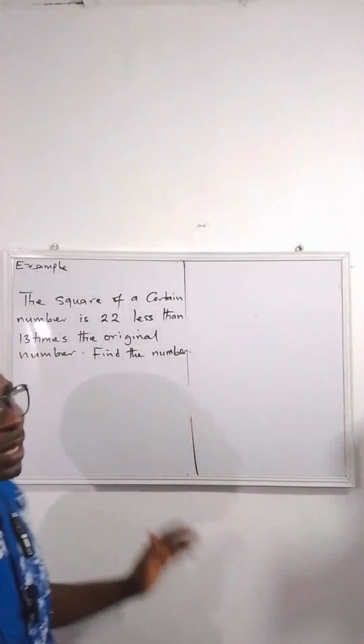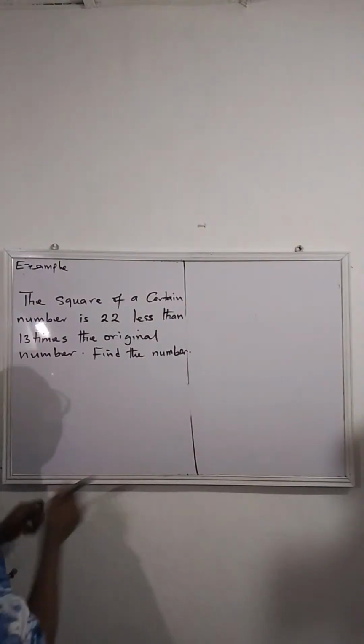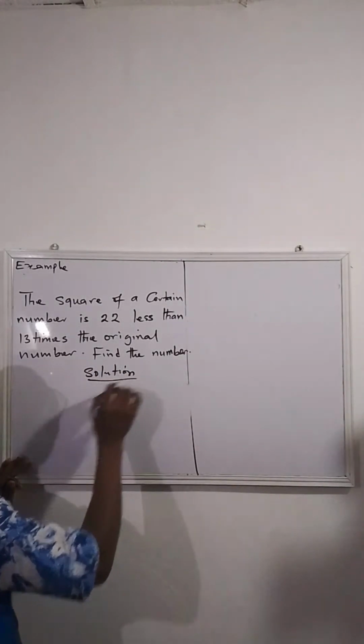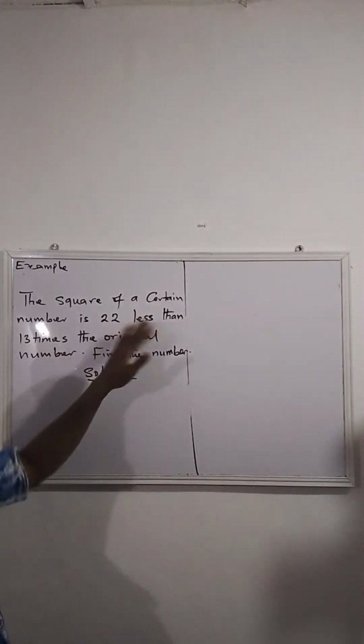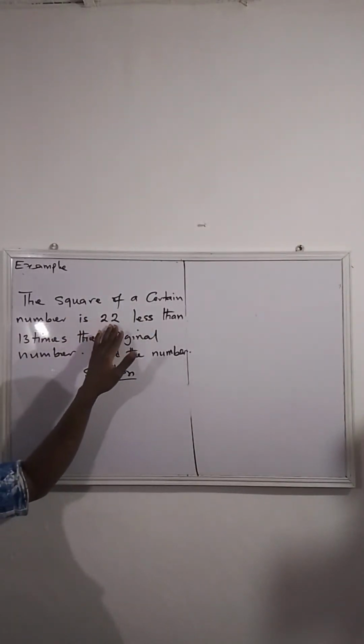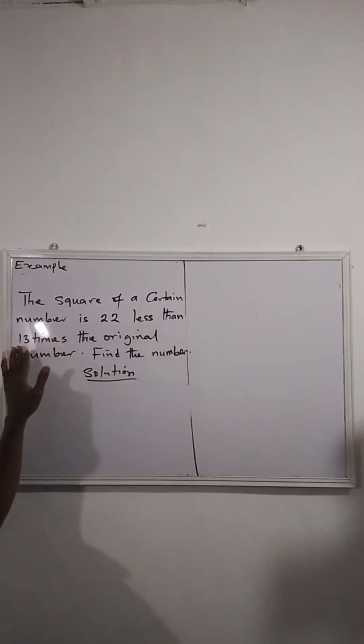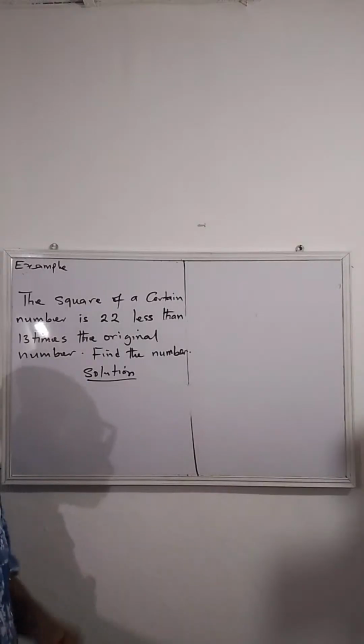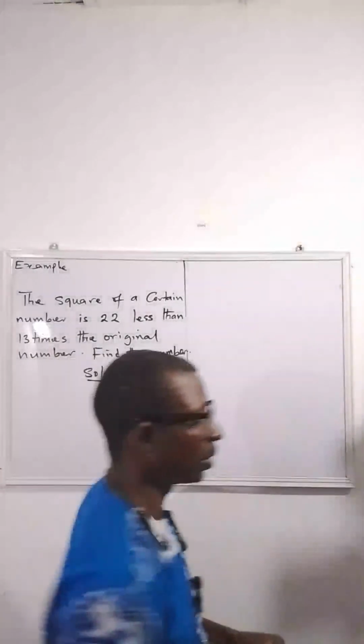Now let's look at the problem we have here. The square of a certain number is 22 less than 13 times the original number. Find the number.